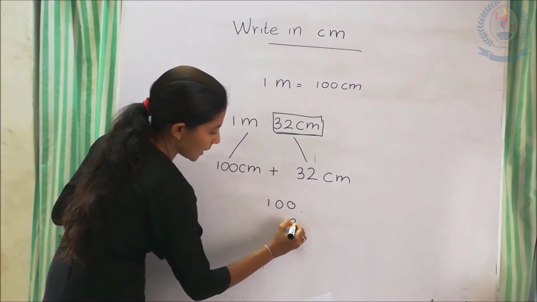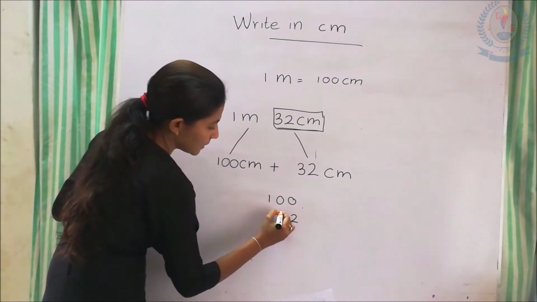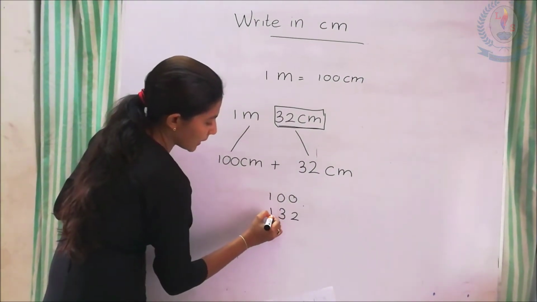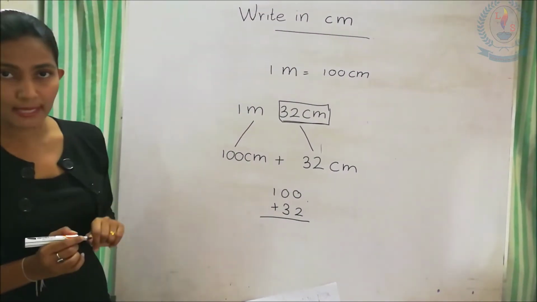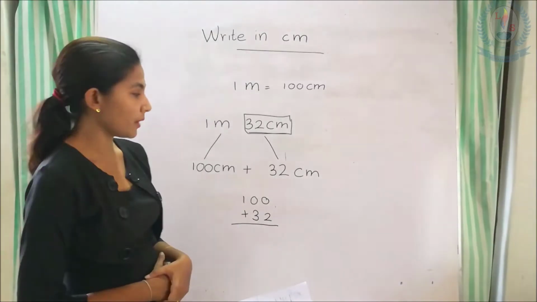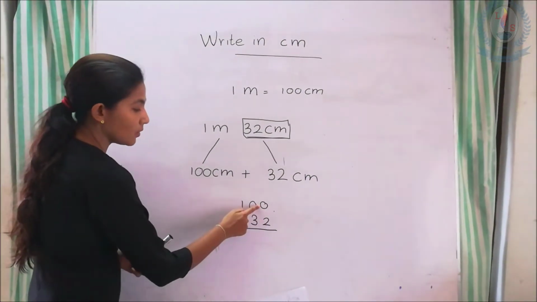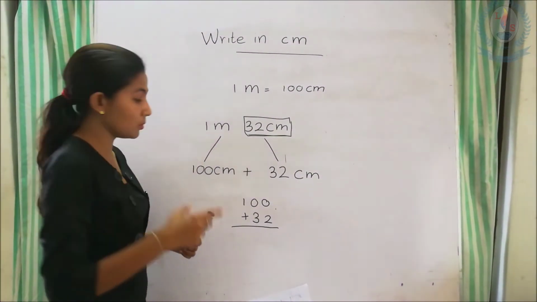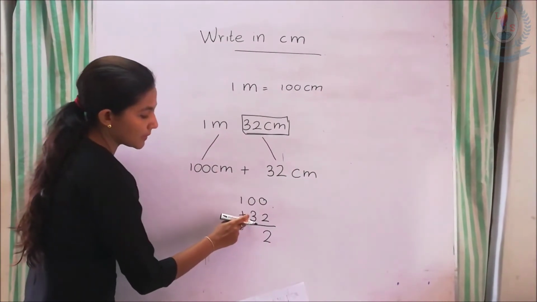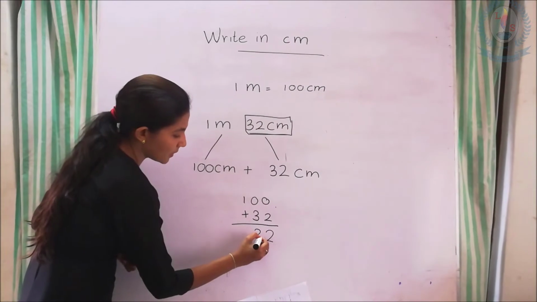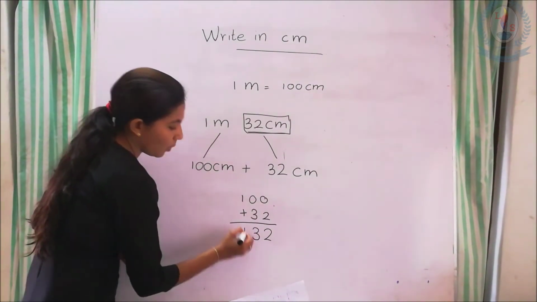Units and units are in the same place, tens in the tens place. Then you put the adding sign and you add these numbers. Right. So, 0 plus 2 is 2. 0 plus 3 is 3. And you write the 1 here.